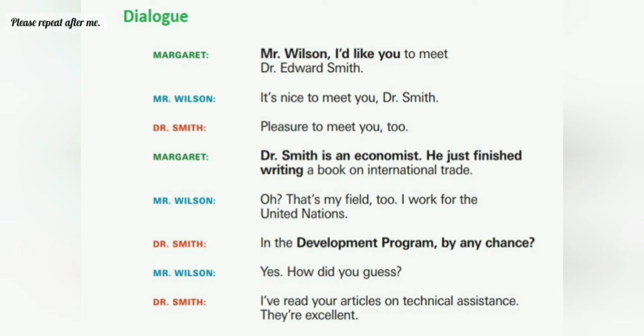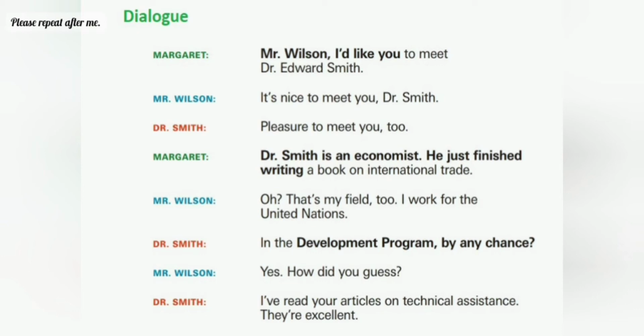Mr. Wilson. I'd like you to meet Dr. Edward Smith. It's nice to meet you, Dr. Smith. Pleasure to meet you too. Dr. Smith is an economist. He just finished writing a book on international trade. Oh, that's my field too.